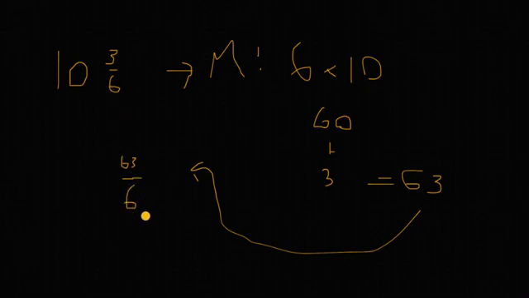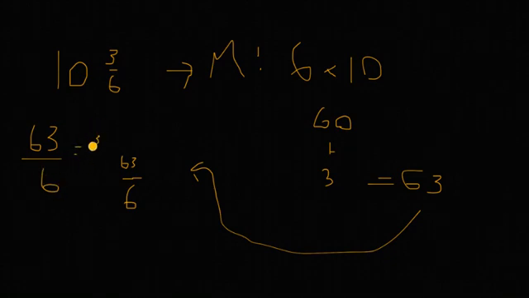Can we simplify this? Let's see. I believe we cannot, because does 6 go into 63? It goes in 10 times, and that will equal 60, which is the closest number to 63. But I believe we can simplify here. We take a 3. Can we? Let's see. We can divide 3 and 3.